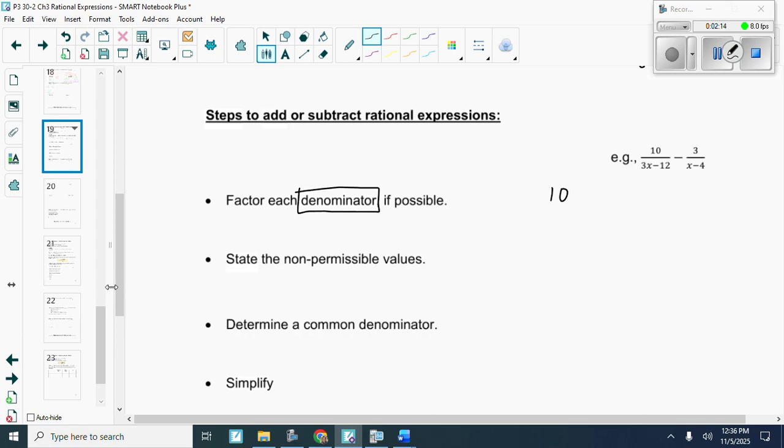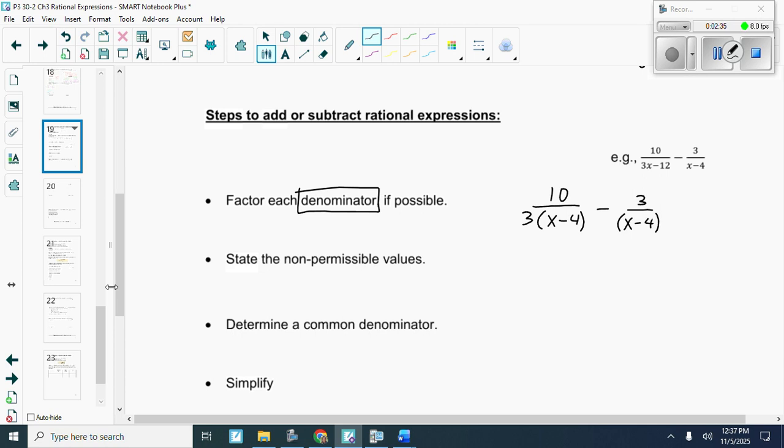So in this case, I have a GCF. I can take a 3 out of the first one, and then it leaves me with an x minus 4. Subtract 3 times x minus 4. So the thing about factoring is, hopefully, fingers crossed, there'll be some common things with the denominator.